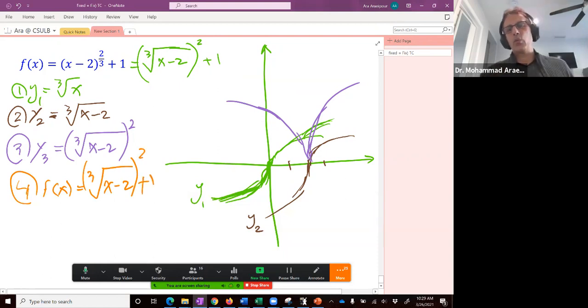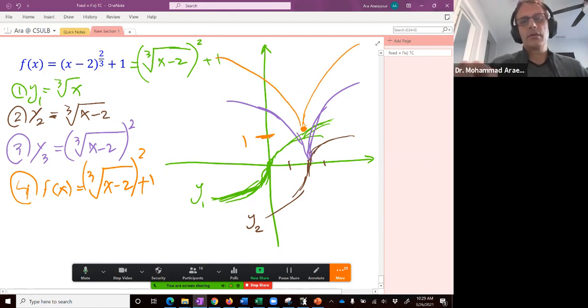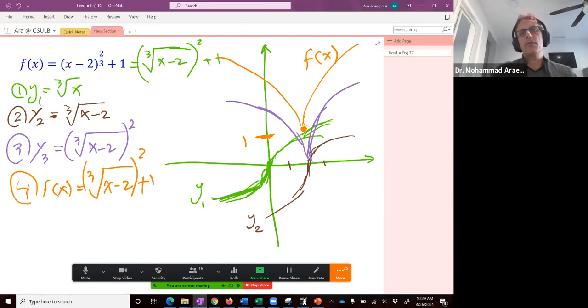I'm going to add 1. That means I'm going to shift it up. Let's assume this is not to scale again. Let's assume this is 1 here. So I'm going to shift it up by 1, and the graph looks like that. So what we did, we used precalculus to come up with the answer.